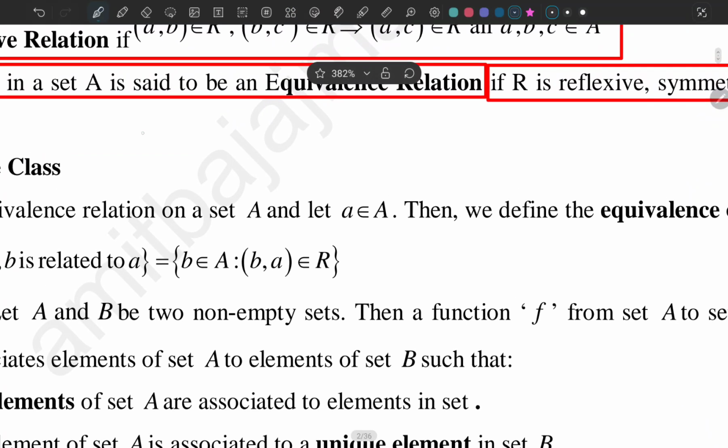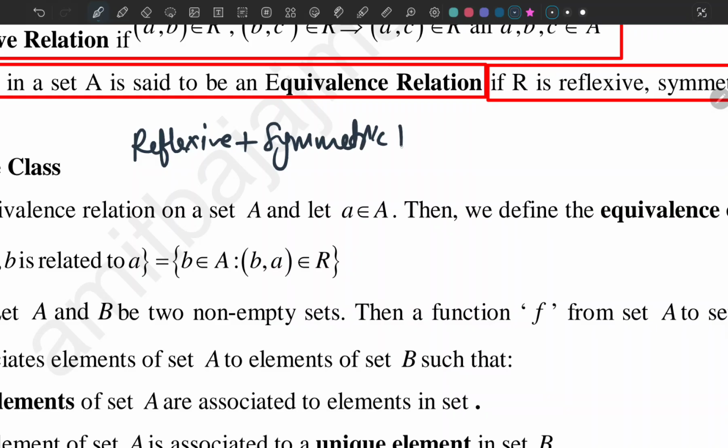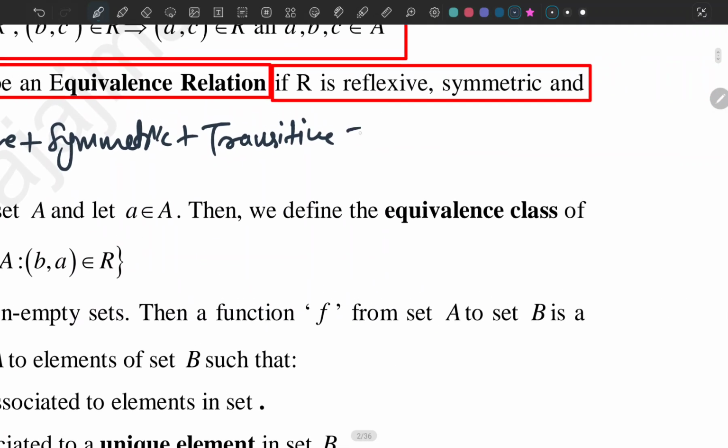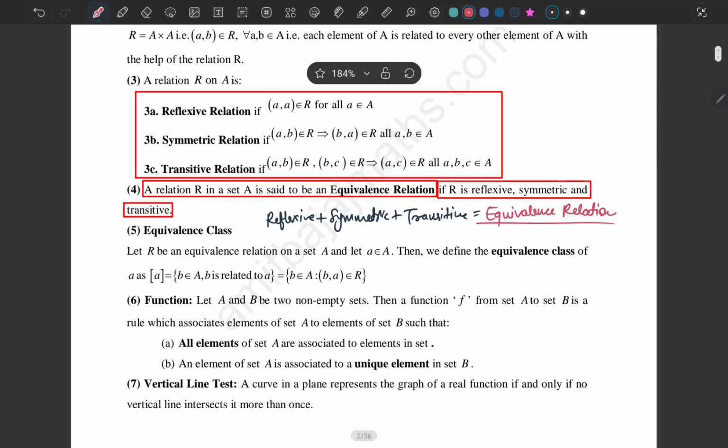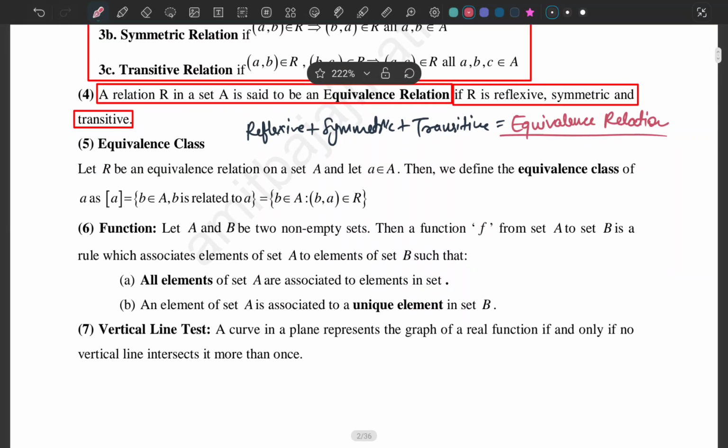It basically means that if a relation is reflexive plus symmetric plus transitive, then we say that this is called an equivalence relation. That's it. Like in board exams, a 5 mark question says prove that this is an equivalence relation, right? So that's what you need to understand.